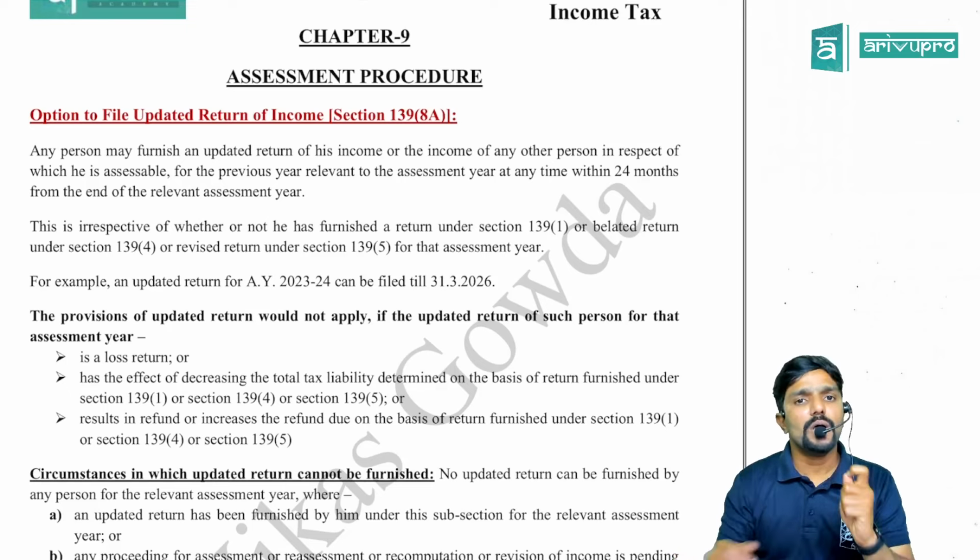But now I am filing updated return within 24 months from the end of assessment year. As per updated return, my tax liability is coming to 12 lakh. But how much have I already paid? Reduce that much. Already paid, because in my original return, I have already paid 5 lakh. So how much is the difference?